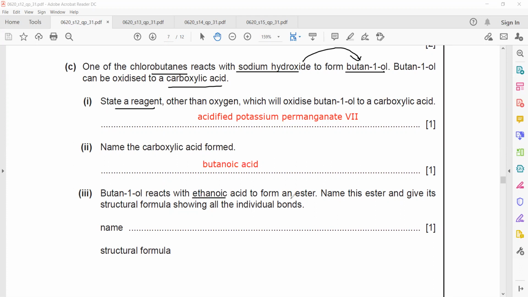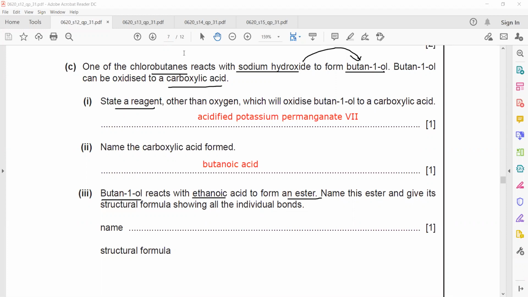Butanol reacts with ethanoic acid to form an ester. Name this ester. So this will result in the formation of butyl ethanoate.